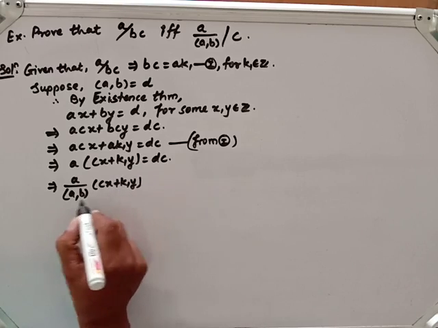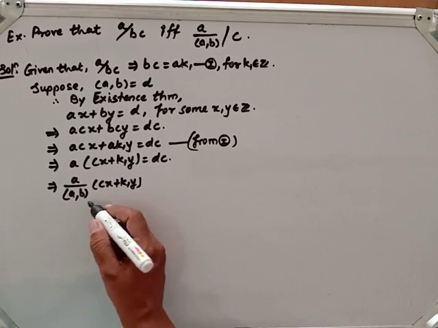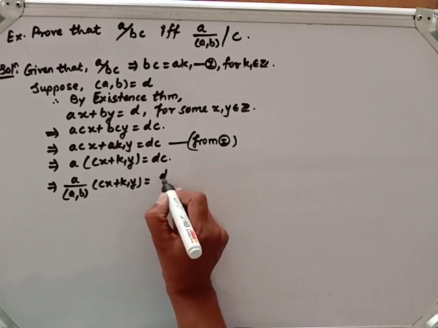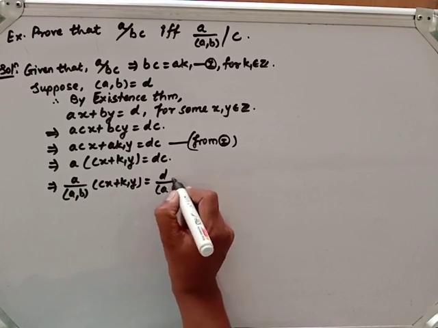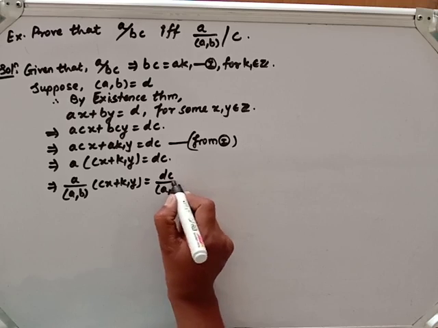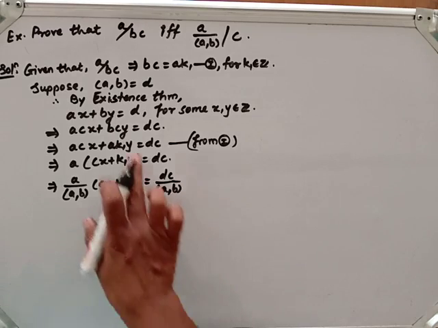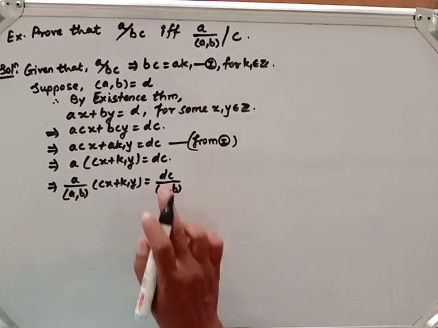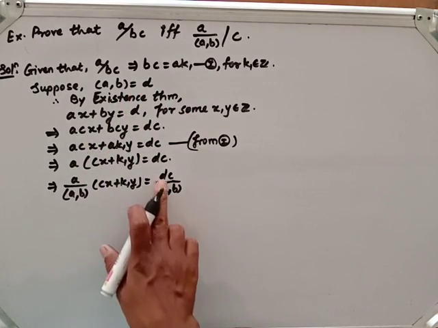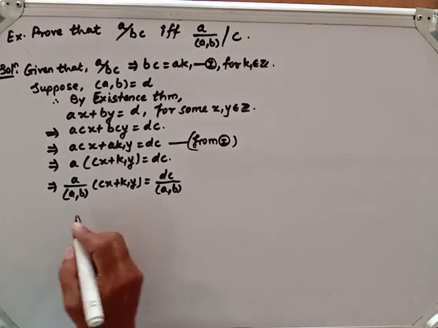Now this is the same as to say A upon GCD of AB into Cx plus K1y. We know GCD is non-zero, so GCD of AB can be divided to both sides, DC upon GCD of AB. But the GCD of AB is D. So if I substitute D here, D gets cancelled as it is non-zero.